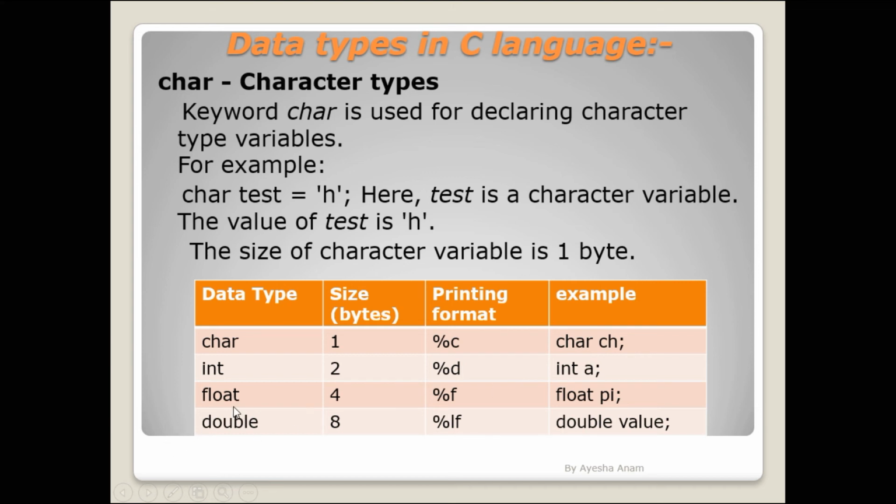If the number is real and you have to take the float data type, its size is 4 byte, printing format %f. Example, float pi. If data type is of double, its size is 8 byte, printing format %lf, stands for long float, and example, double value.